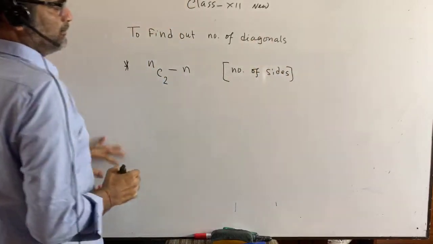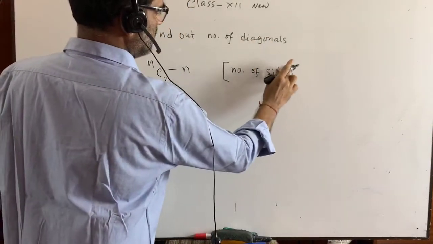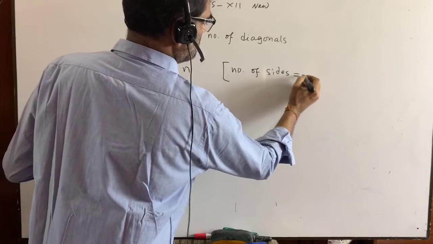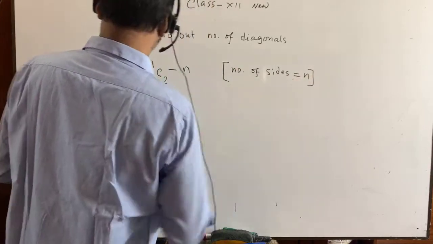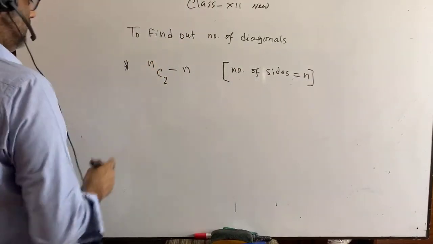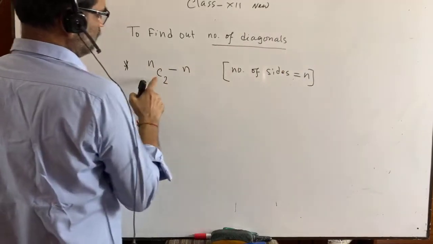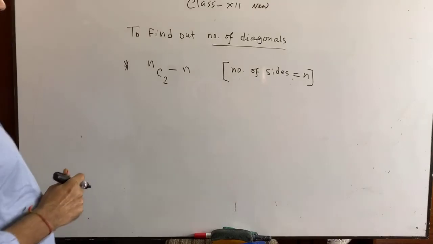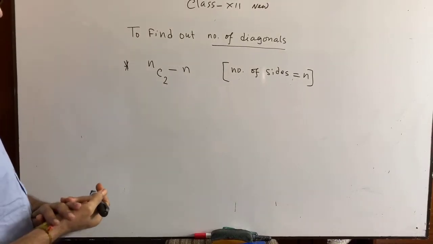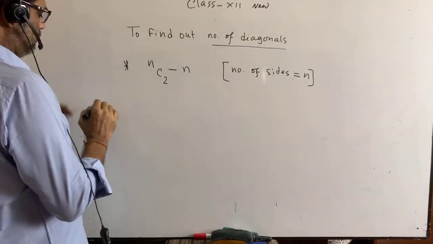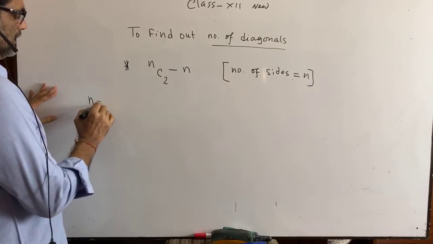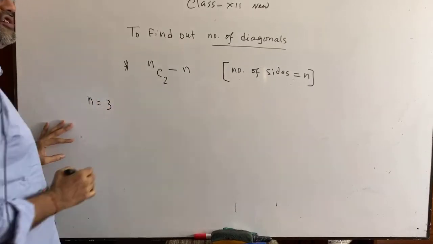n is the number of sides. Here the number of sides is equal to n, and this is the number of diagonals. Suppose we let n equal 3, that means it is a triangle, right?